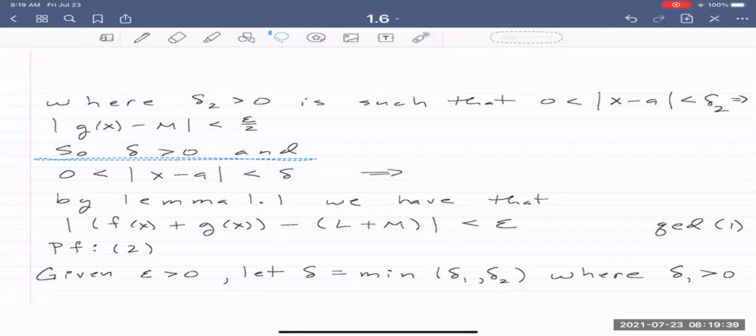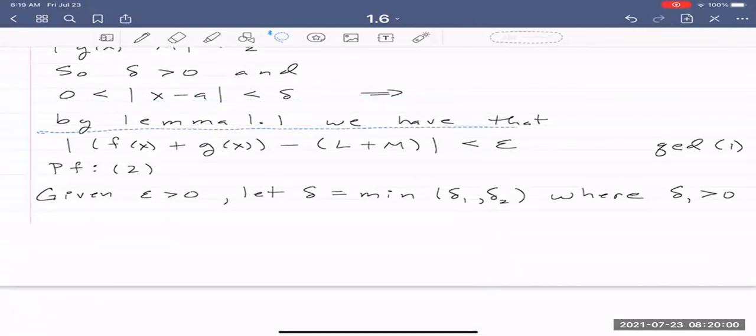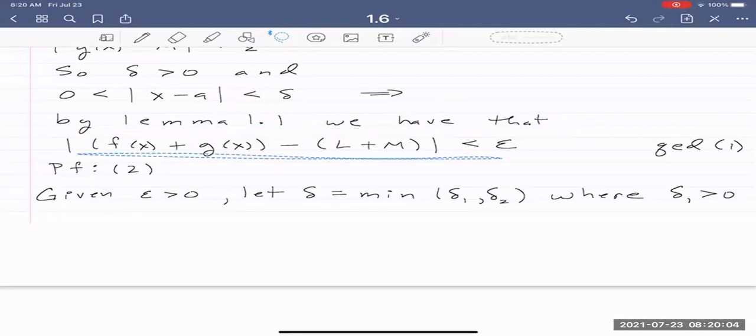So since delta 1 and delta 2 are greater than 0, then delta is greater than 0, and x minus a in absolute value between 0 and delta implies that by lemma 1.1, we have that f of x plus g of x minus the quantity L plus m in absolute value is less than epsilon.